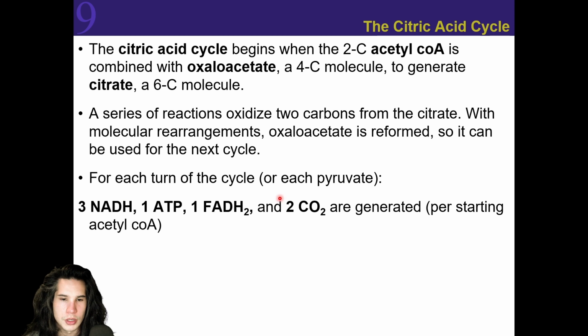So for each turn of the cycle, you're going to produce 3 NADH, 1 ATP, 1 FADH2, which is another electron carrier, and 2 CO2 per starting acetyl-CoA.